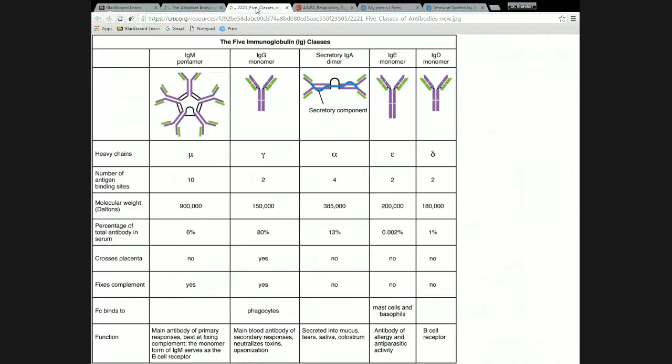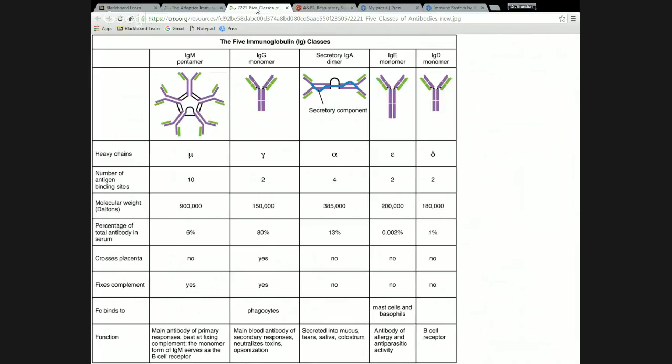The IgAs are often found in secretions, so they have an additional protein associated with them called the secretory component, which is sort of a fibrous protein that wraps around it. I actually don't know that much about the secretory component. It might just stabilize the dimer configuration for the various secretions that we find it in.